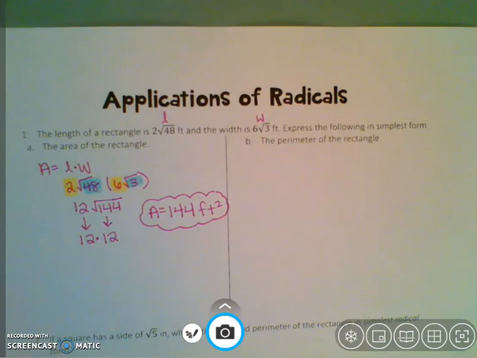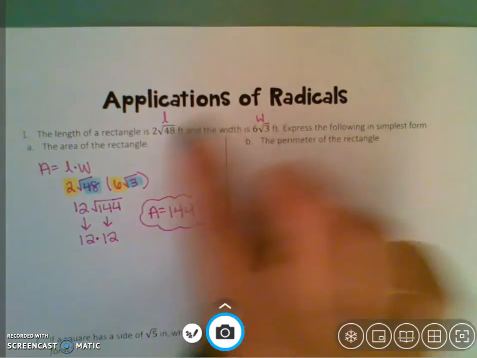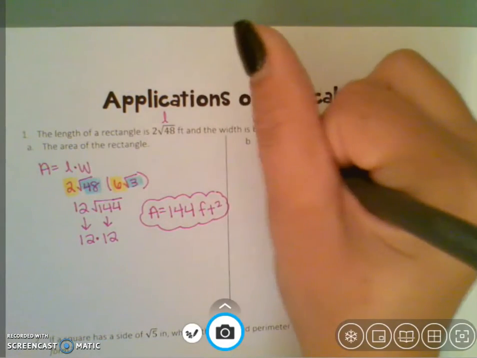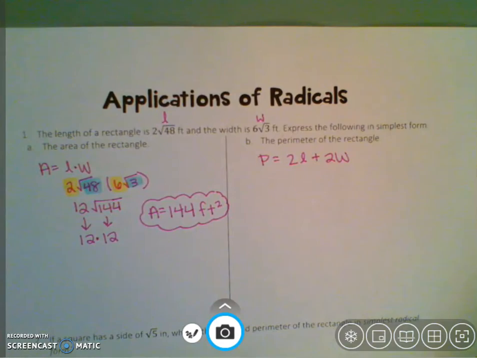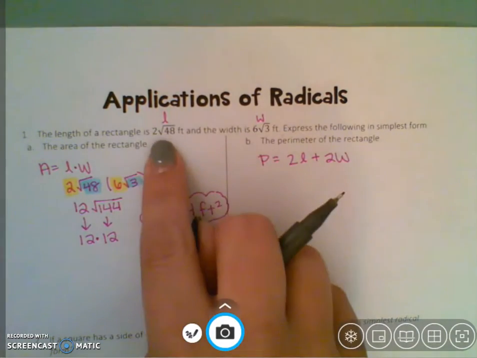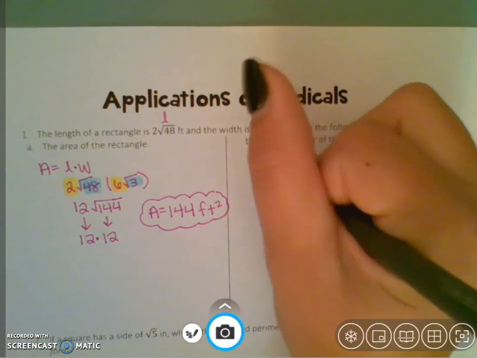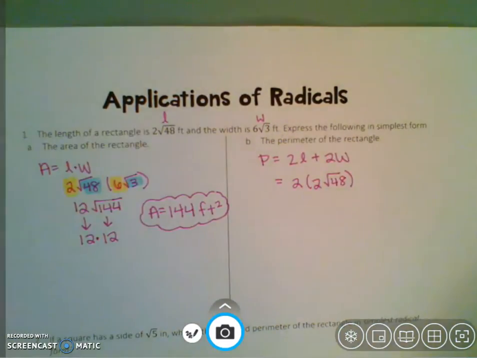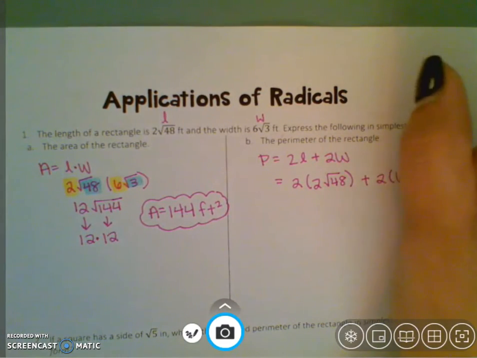Okay, then it says find the perimeter of the rectangle. Well, perimeter is you add up all the sides, or perimeter is 2 times length plus 2 times W, whichever is easier. I think this might be easier because if you add them all up, that's just a lot to do. So 2 times L is 2 times 2 root 48 plus 2 times W is 6 root 3.